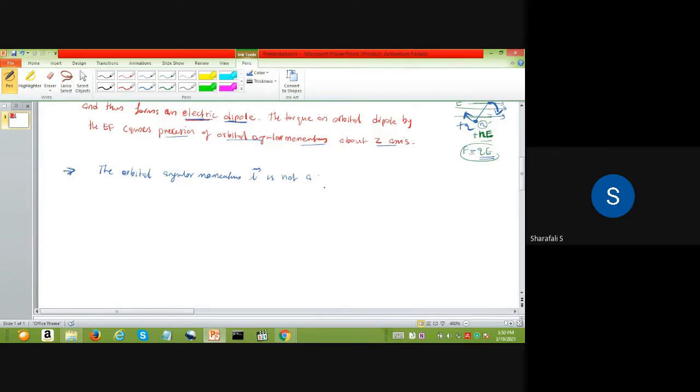So L in each case will be different. So L is not a constant, and is not a good quantum number.